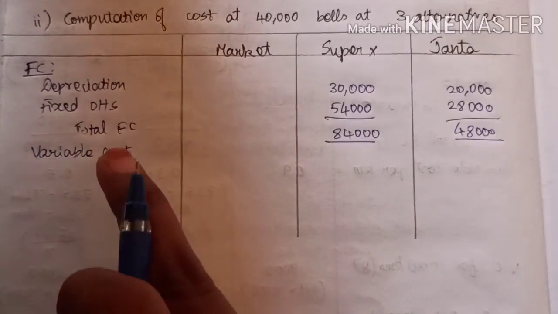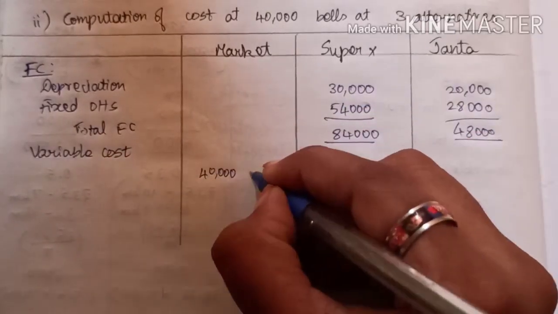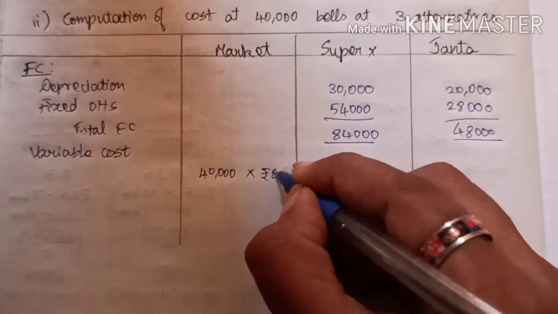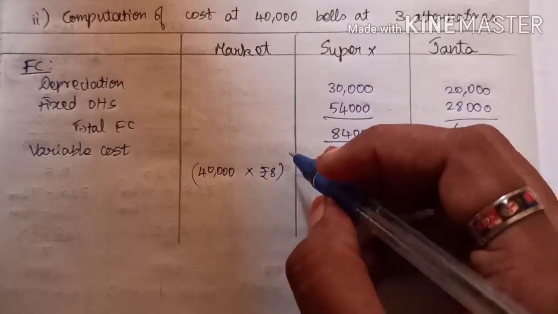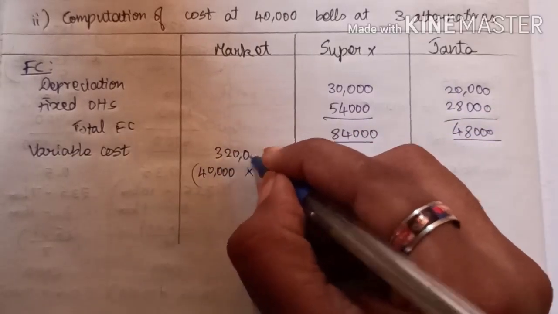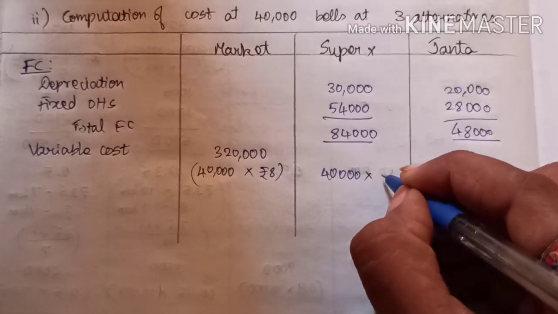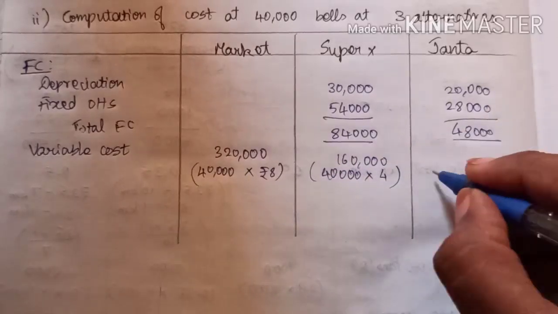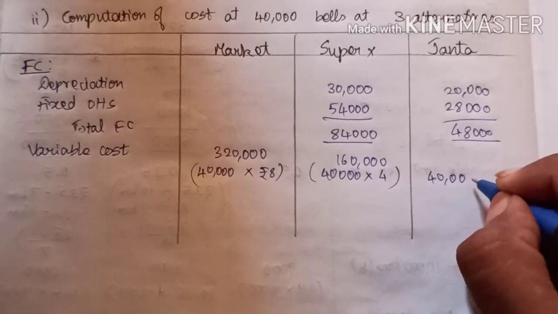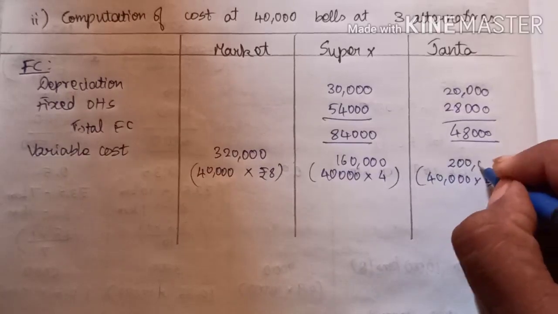Then variable cost is also same, except this 40,000 bells into rupees 8, that is, if you buy from the market, it will cost rupees 8. So 3,20,000, and here 40,000 into 4, that is 1,60,000, and here 40,000 into 5, we will get 2 lakh.